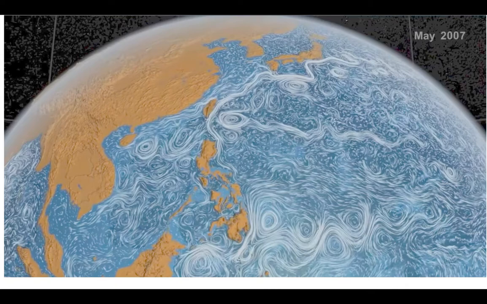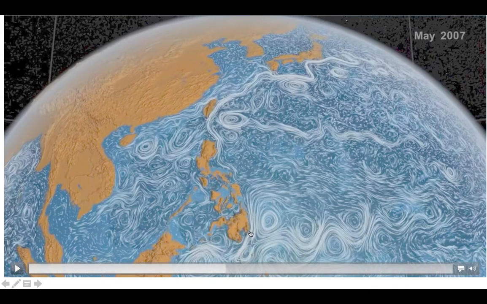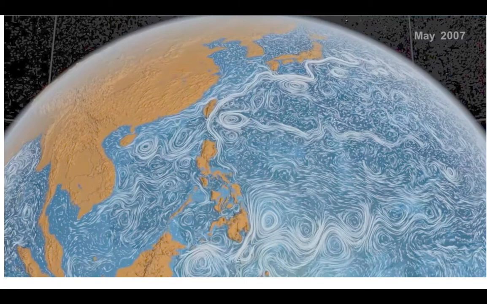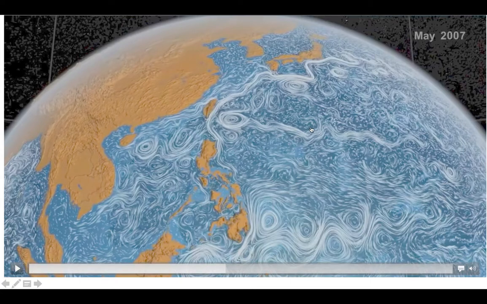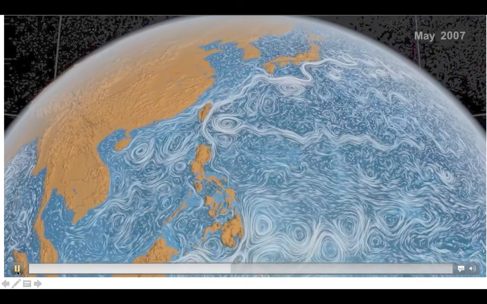Coriolis force is zero at the equator, and as you move away, Coriolis force increases. At higher latitude, Coriolis force increases, which creates more deflection, and due to more deflection there is more curvature.